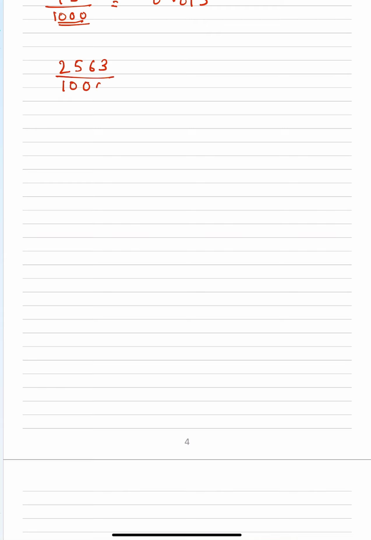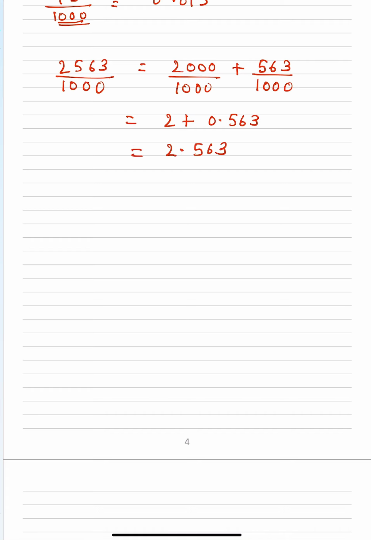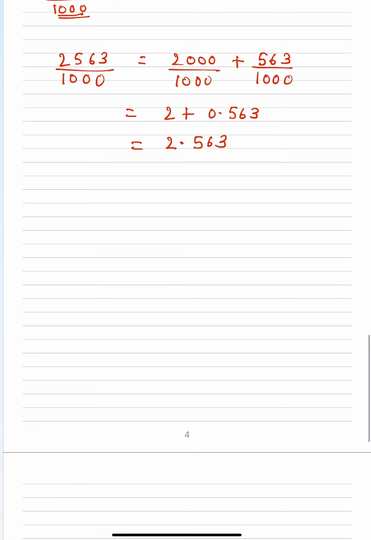Then we take 2000 upon 1000 plus 563 upon 1000. This is equal to 2 plus 0.563, which is nothing but 2.563.